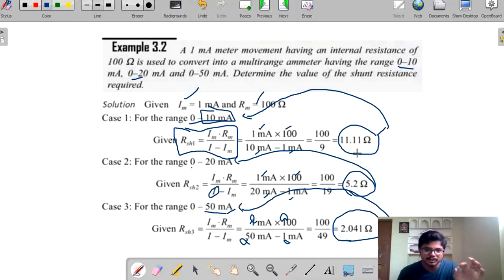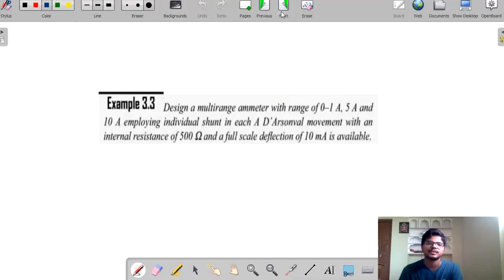By observing this calculation, we can note that in order to increase my range, I need to decrease my shunt resistance. Guys, you try this problem in your copy and mention your answers in the comment box.